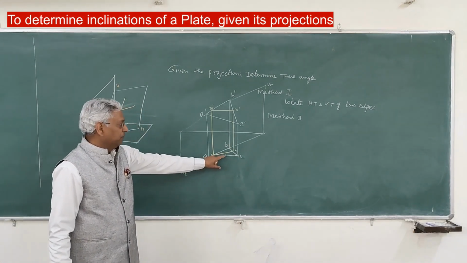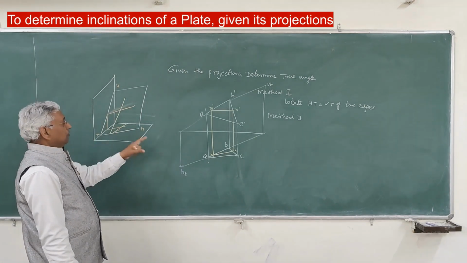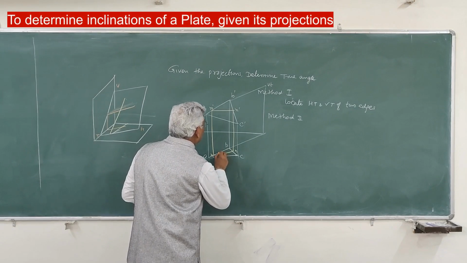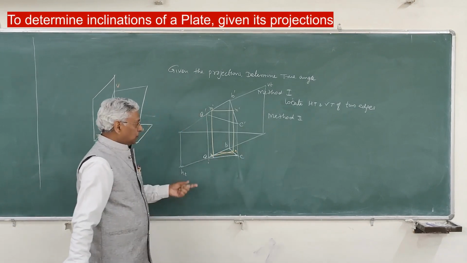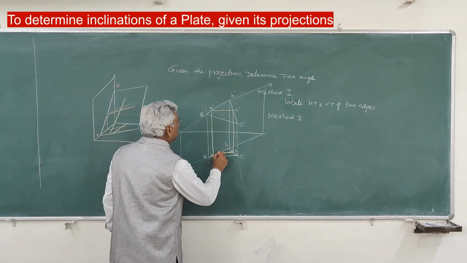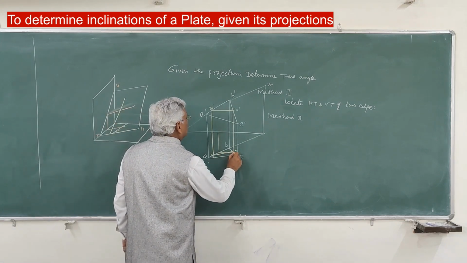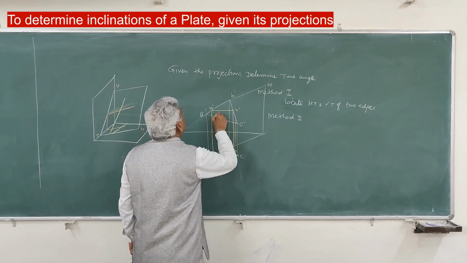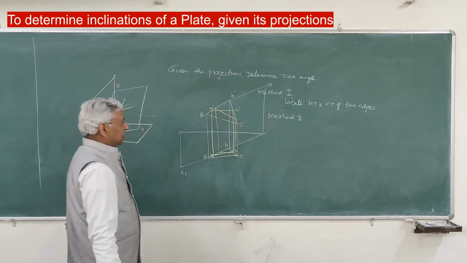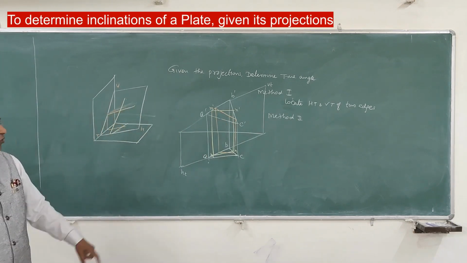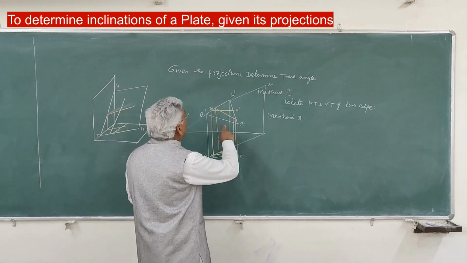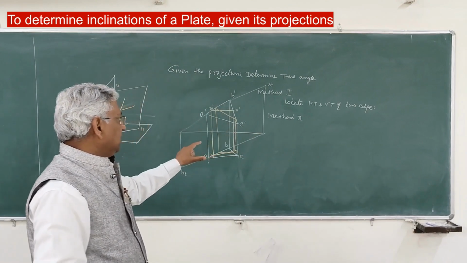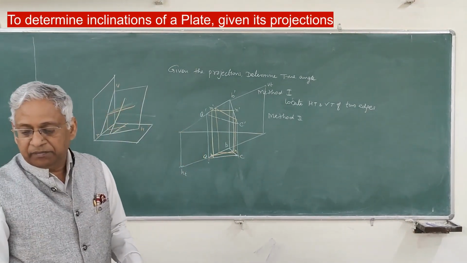So this is the angle which the horizontal trace will make with the ground line. And similarly, if you draw a line here in the plan which is parallel to the ground line, that is PQ, then the corresponding elevation will give you the angle of the vertical trace. So you get the angle of the horizontal trace and the angle of the vertical trace, and you can draw VT and HT. And once you know them, you can determine the angles alpha and beta.